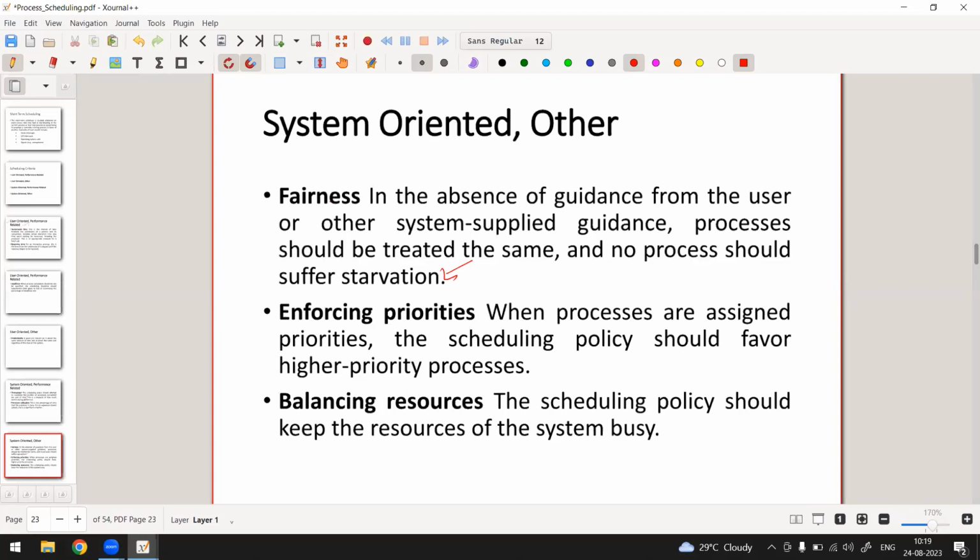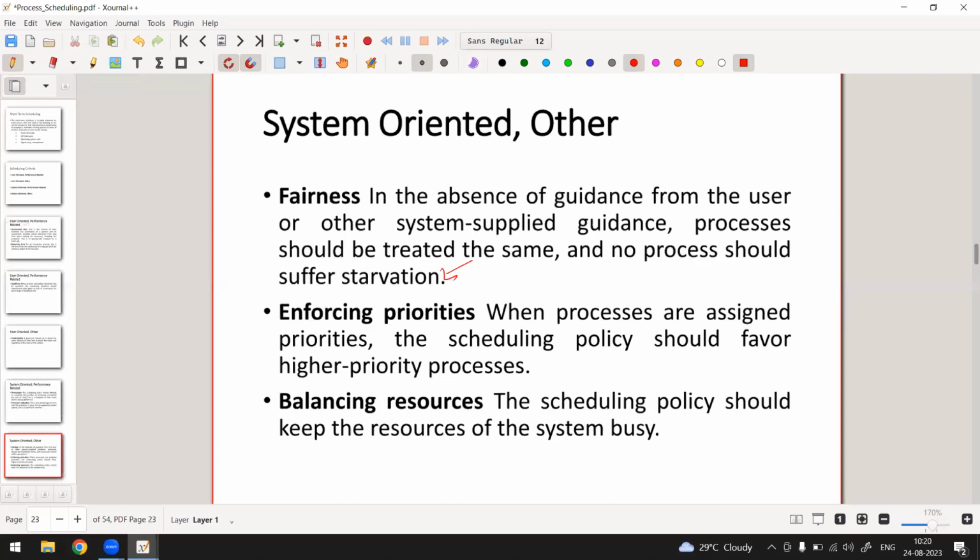In terms of process scheduling, starvation means the process is waiting for some resources for execution, but those resources are not given to the process, and in that scenario the process waits for infinite time. That is called starvation. Starvation should not happen, and if you treat all the processes in a fair manner, starvation will not happen.